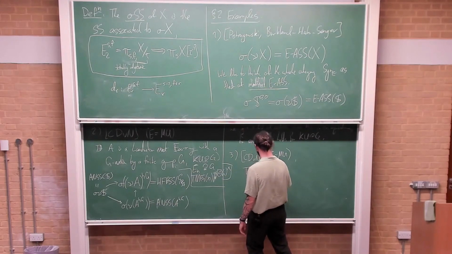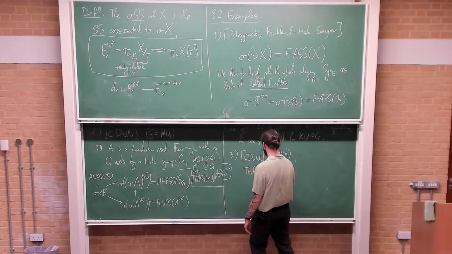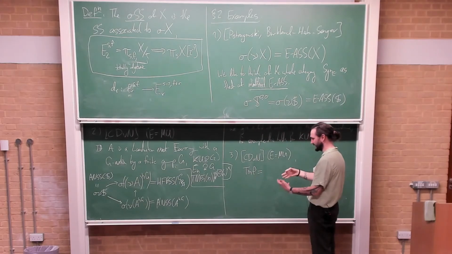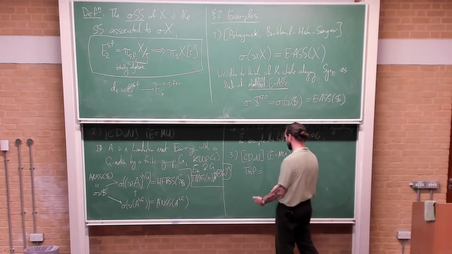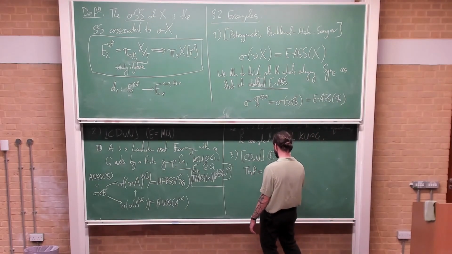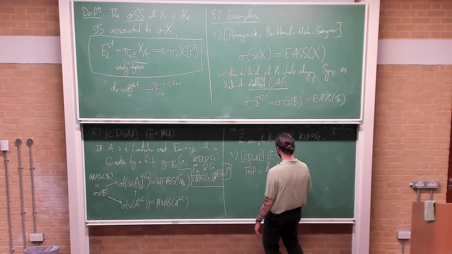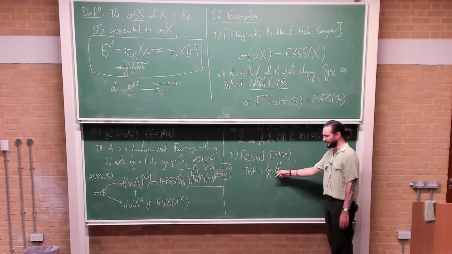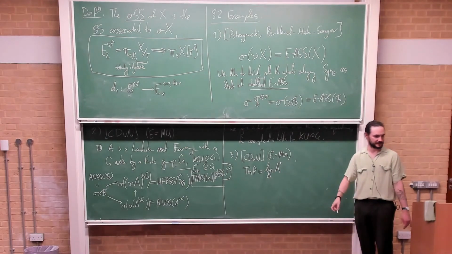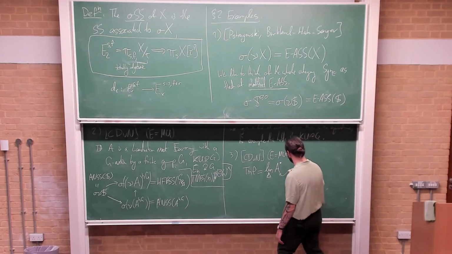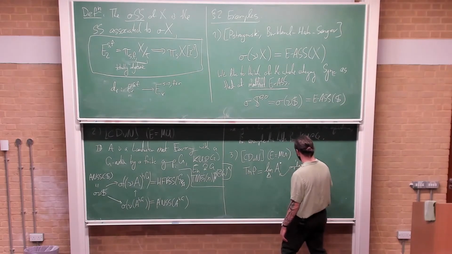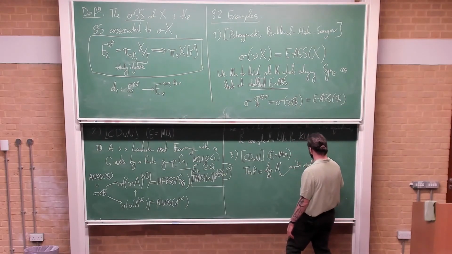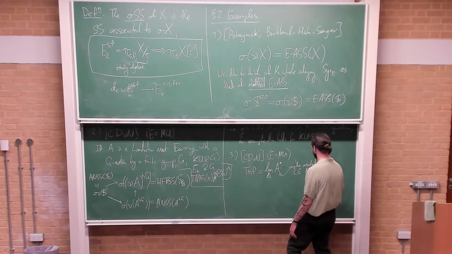So TMF is, by definition, the global sections of this sheaf on the moduli stack of the compactification of the moduli of elliptic curves. But another way to think about it is as a limit over a certain cosimplicial diagram given by some complex-oriented E-infinity rings like this. So these are all complex-oriented Landweber exact E-infinity rings.